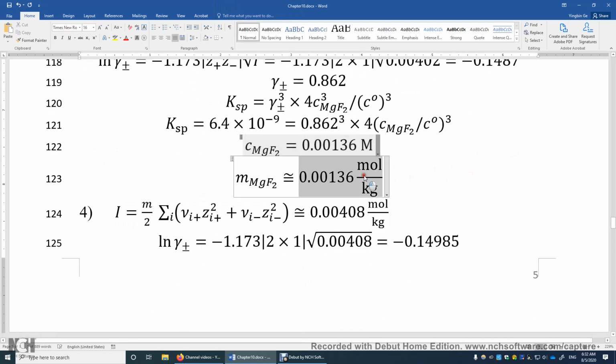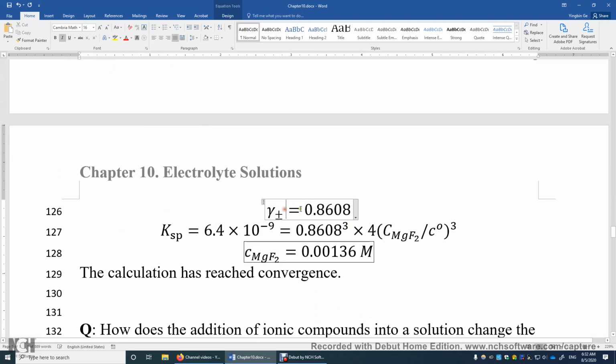Now plug in this molarity into the equation for I. Again, 1/2 of this molarity times the sum of the coefficient times the charge squared. If you have multiple electrolytes in water, again, you just sum up all the ions. And then we get a new I, we get a new gamma, and we get a new concentration.